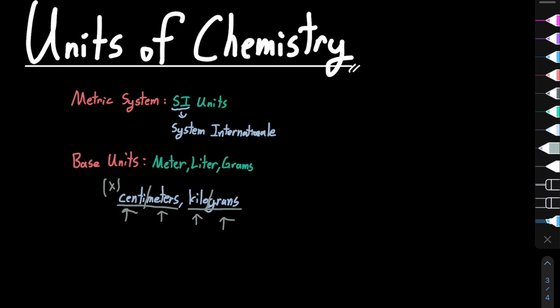Now these are the two basic things that you need to know to properly calculate measurements or physical quantities in chemistry. And we're going to be covering some basic units as well. And the first physical quantity is mass. And this is one of the most common ones that we use in chemistry.